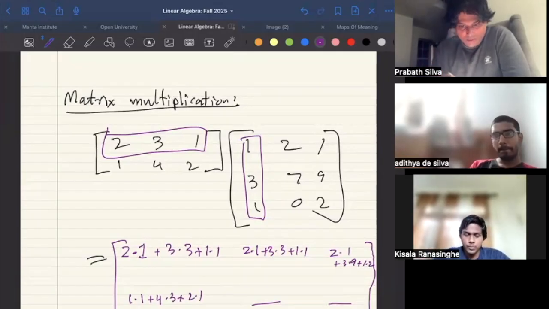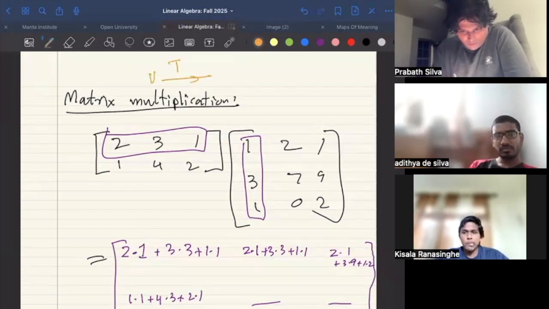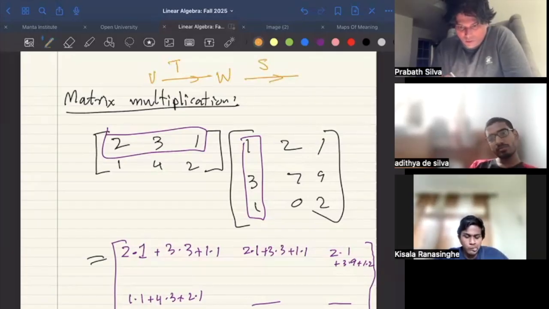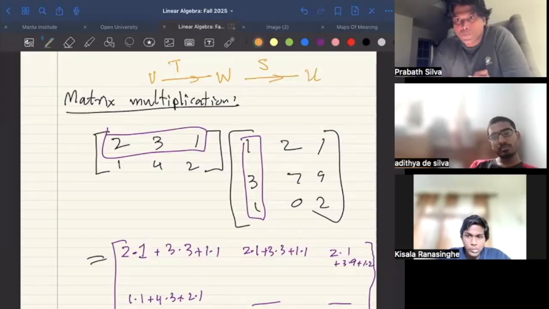And so we'll get into a situation where we have a map T from the vector space V to W, and then another map S that's going to be from W to U, let's say.